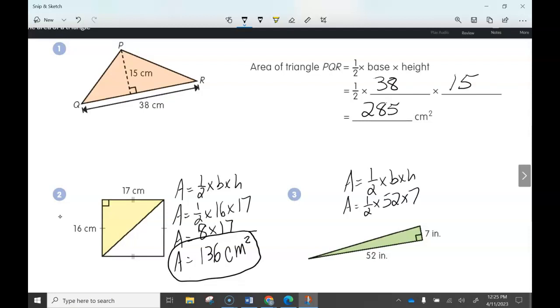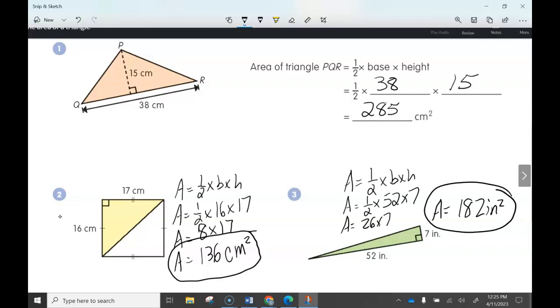And then we multiply 1/2 times 52, and that's going to give us area equals 26 times 7. And then finally we can see that the area, I'm just going to write off the side here, area equals 182 inches squared. So you can see the formula, writing it out, and then plugging in the numbers for the formula, and eventually you'll be able to take it step by step and find the area for the triangle.